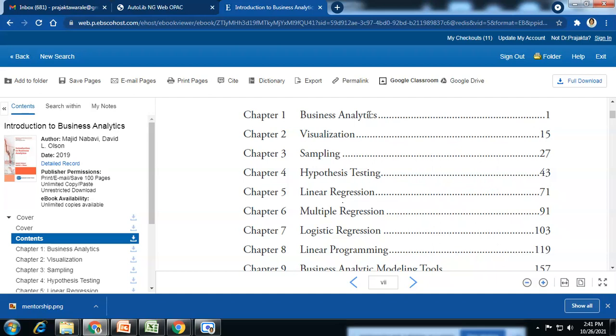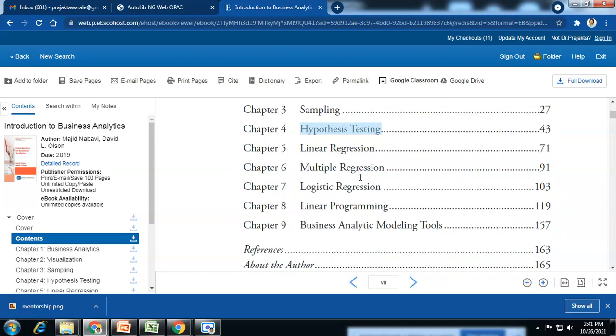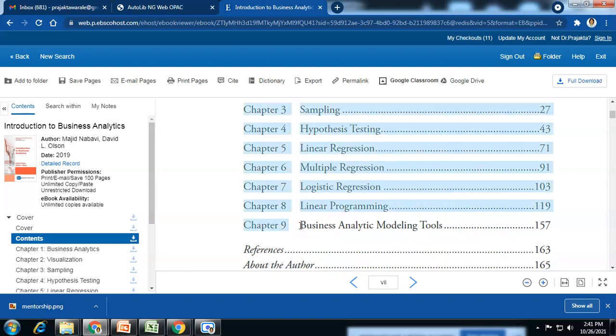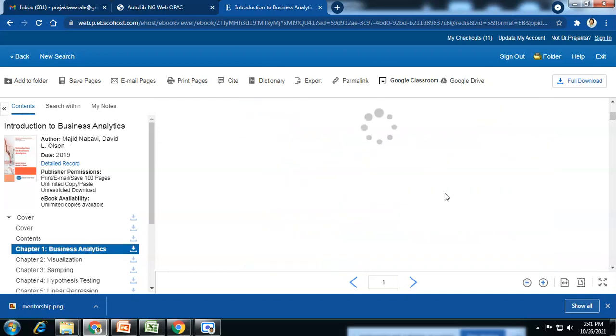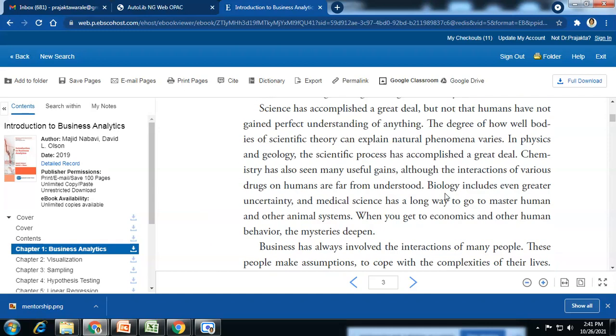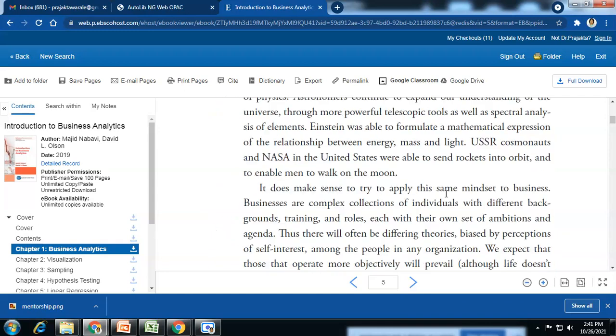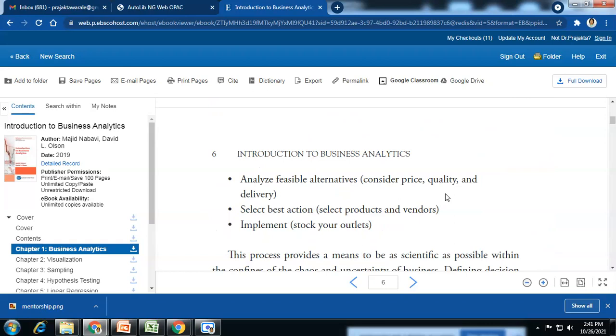Chapter 1 is business analytics, explaining what business analytics is, what its types are, how you visualize data in business analytics, what sampling is, and what hypothesis testing is. Then it demonstrates how we can perform regression analysis, multiple regression, logistic regression, and business analytical modeling tools. I have gone through this, and it is in very easy language.